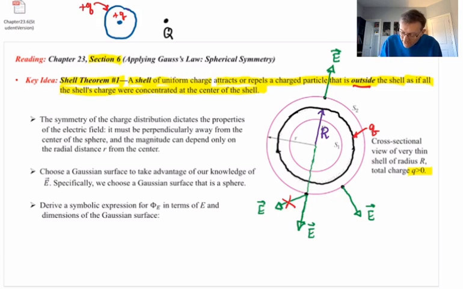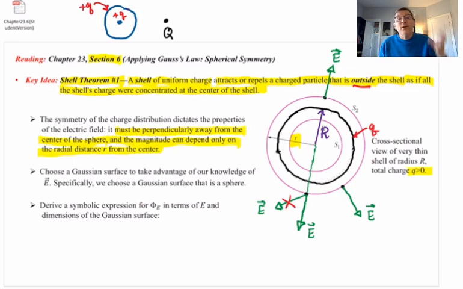The only thing the magnitude of the electric field can depend on is the radial distance, little r, from the center of the sphere out to that S2. Remember, big R is the radius of the shell itself. Okay, so the electric field must be directed perpendicularly away from the center of the shell, and its magnitude can depend only on the radial distance, little r, from the center.